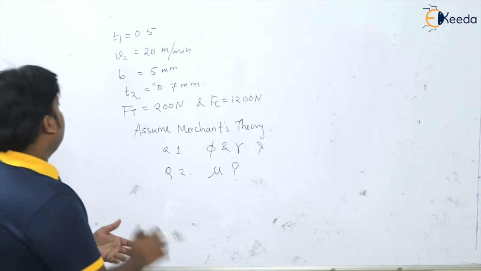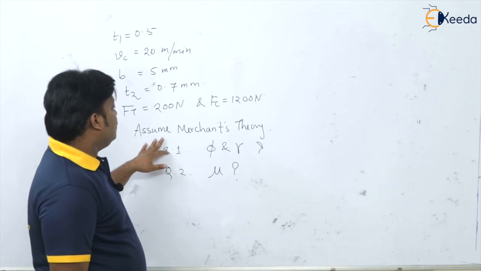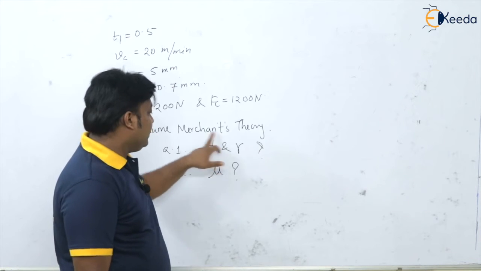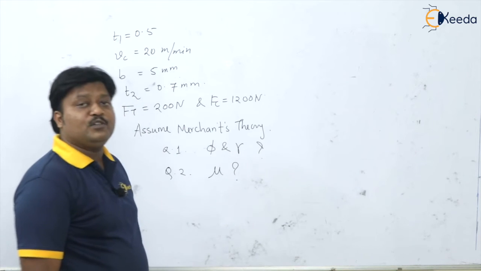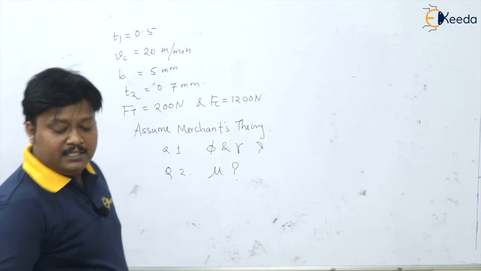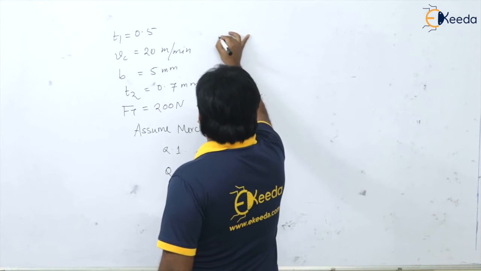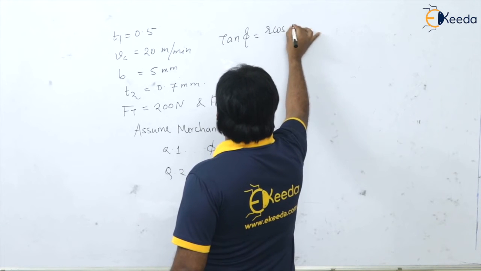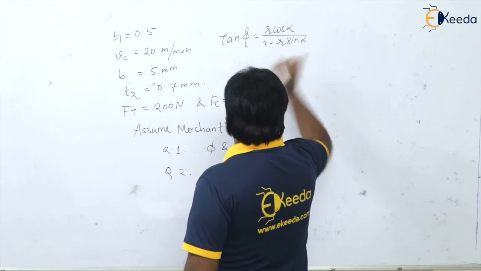So thrust force is given, cutting force is given. They are saying use Merchant's theory and calculate the shear angle phi, shear strain gamma, and also the coefficient of friction. So let us calculate. We know that tan phi is equal to r cos alpha divided by 1 minus r sin alpha.